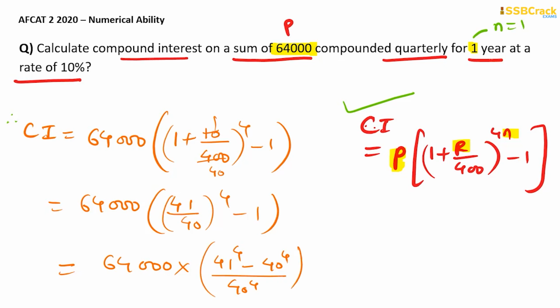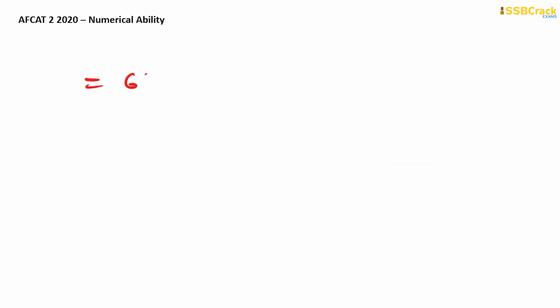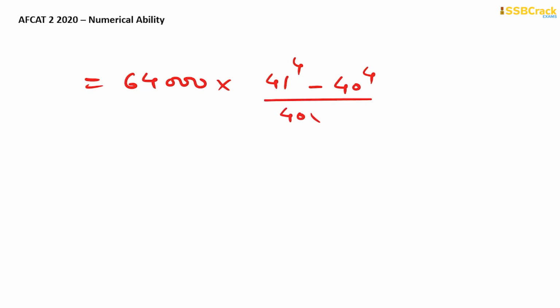So on the next line we take 64,000 multiplied by (41 to the power 4 minus 40 to the power 4) divided by 40 to the power 4, which I'll write as 40 into 64,000, because you know 40 cube is 64,000, so I can directly cancel off this 64,000.